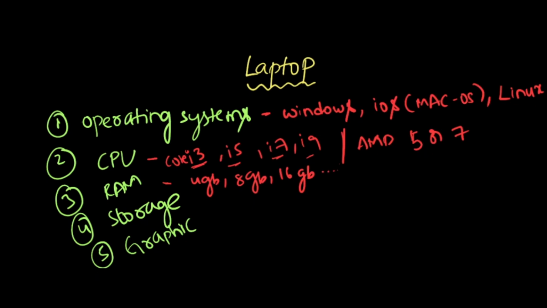Now coming to storage. Like your mobile storage, a laptop also needs storage to store all the things. But in the case of laptops, there are two types of storage. One is HDD, one is SSD. HDD means hard disk drive.